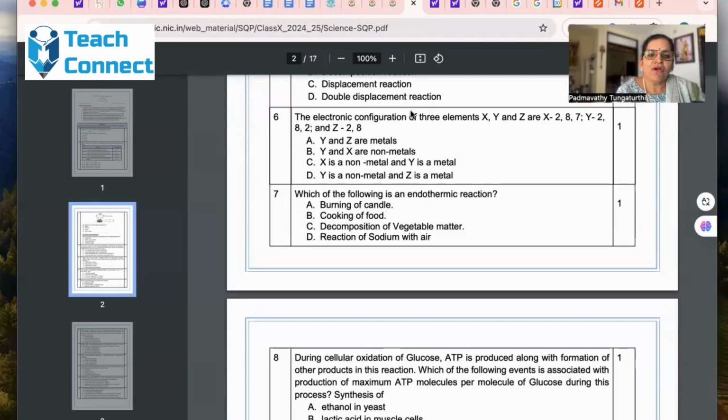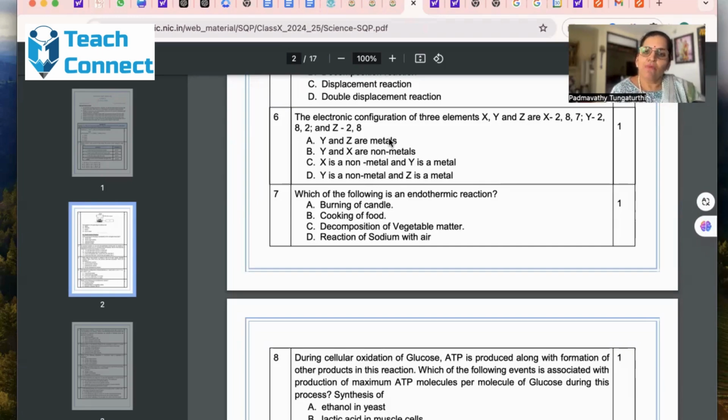The electronic configuration of 3 elements X, Y, Z: X is 2, 8, 7. Y is 2, 8, 2. And Z is 2, 8. We know that X, 2 8 7, is a non-metal. Y, 2 8 2, is a metal.